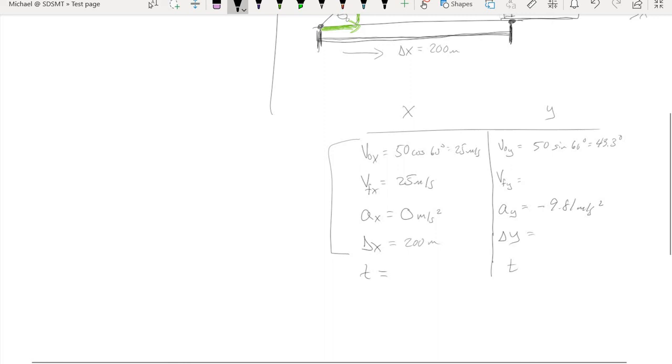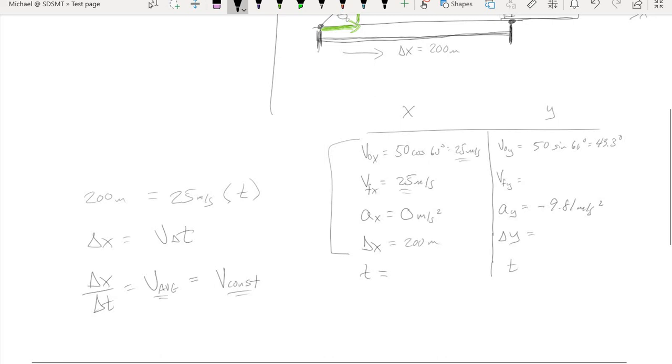So here we go. In the x direction, we have a constant velocity of 25 meters per second, and I need to know how long it's going to take to travel a displacement of 200 meters. So all I'm doing here is taking the average velocity expression, delta x over delta t equals v, and I am justified in using that because what is the average of a constant value?